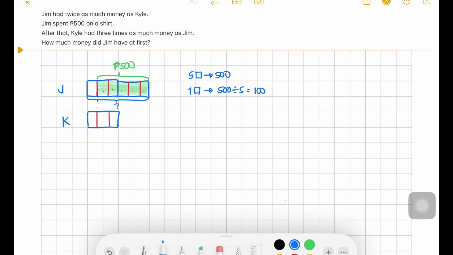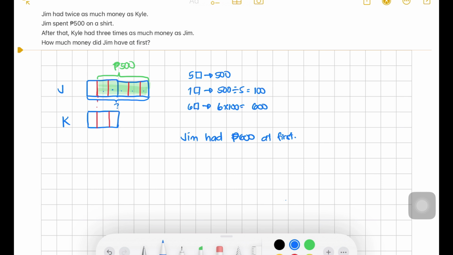And then finally, to find Jim's money at first, we will just need to either add 100 or multiply 100 by 6 because Jim has 6 units. Okay. So there you have it. Jim had 600 pesos at first.